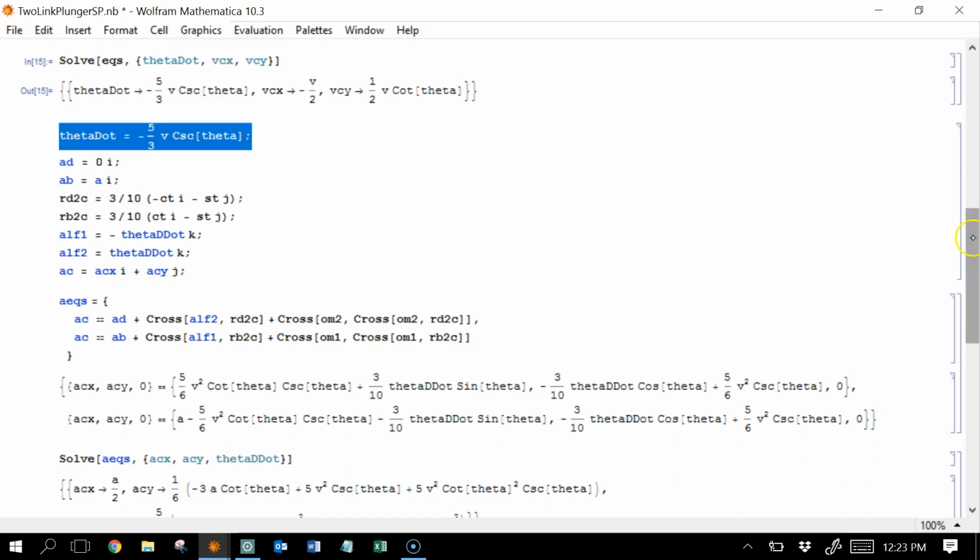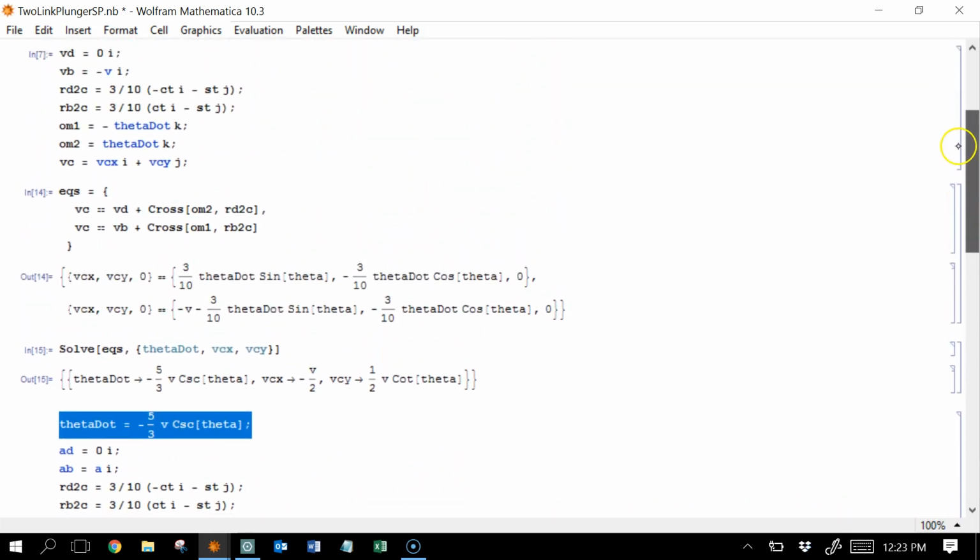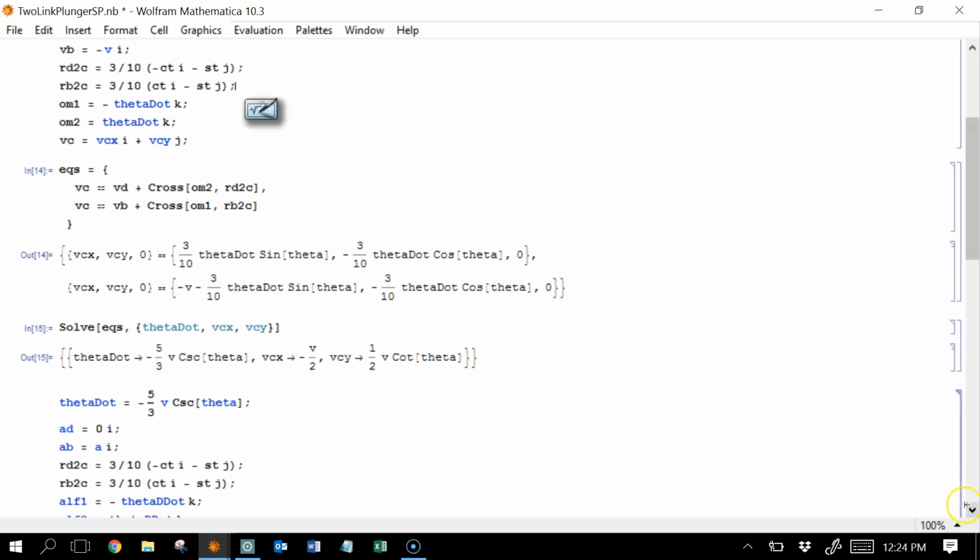I'm going to scroll up so you can see how I'm mimicking what I did here. I knew the velocity of D, and so I do the same thing down here. Acceleration of D is 0. I know the velocity of B, and so down here I know the acceleration of B. Up here were the R's. You don't really need to repeat them because they're exactly the same, but I did anyway. The next thing is omega of 1. This is going to be alpha, the angular acceleration of 1.